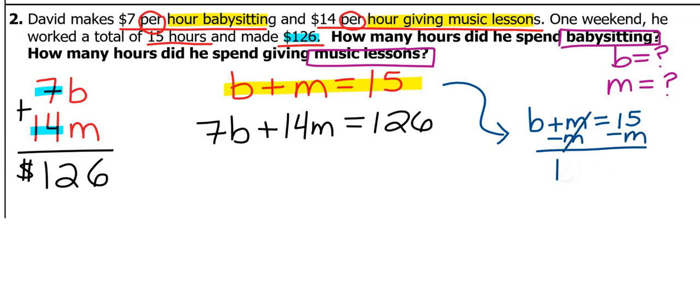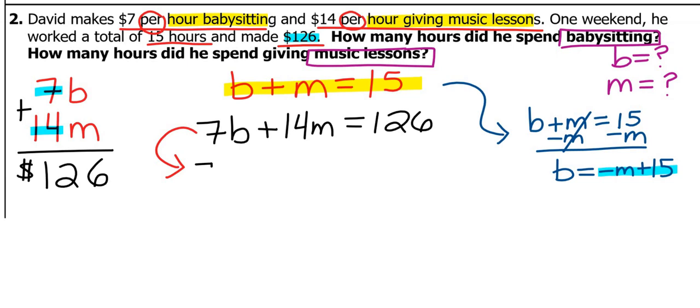And now B equals negative M plus 15. So anywhere that I see a B value, I'm actually going to plug in negative M plus 15. Now, where do I do that? I do that now with the second equation. Now that I've converted the first equation, I'm going to plug into the second equation. So let's go ahead and do that.